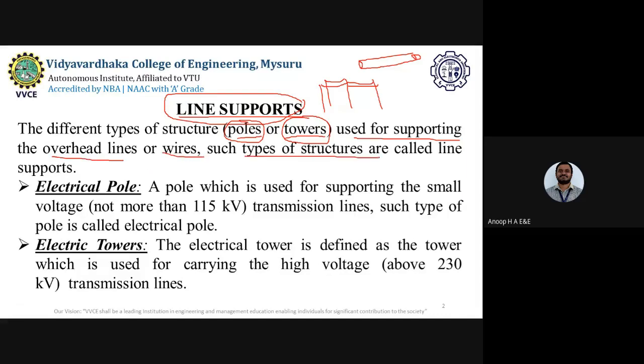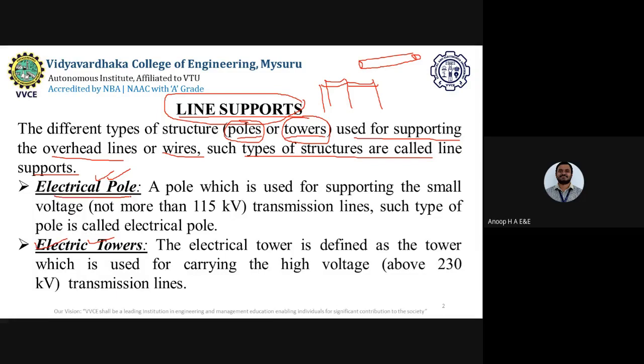Such structures are generally called line supports, correct. But when do we use electrical pole and when do we use electrical tower? This is a very important concept, because if you don't know which term to use where, it causes problems in writing the relevant terms. So it would be better to highlight which term is used where.